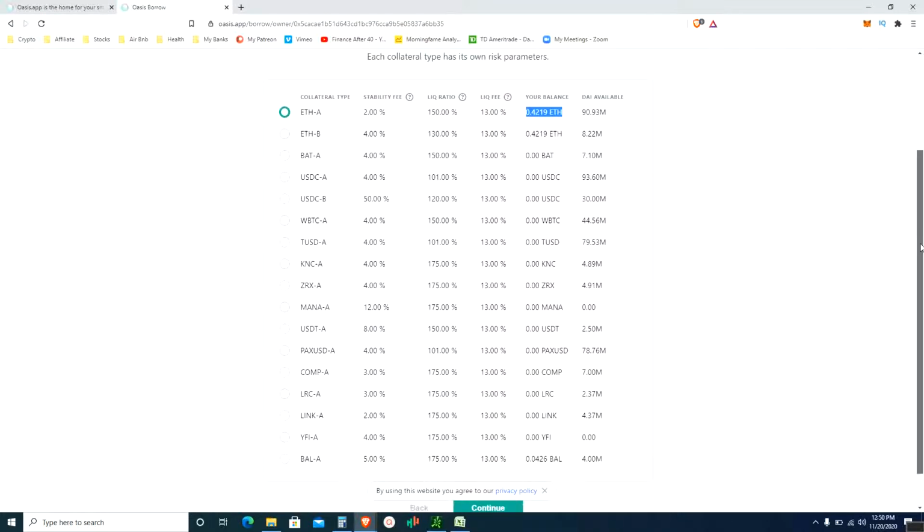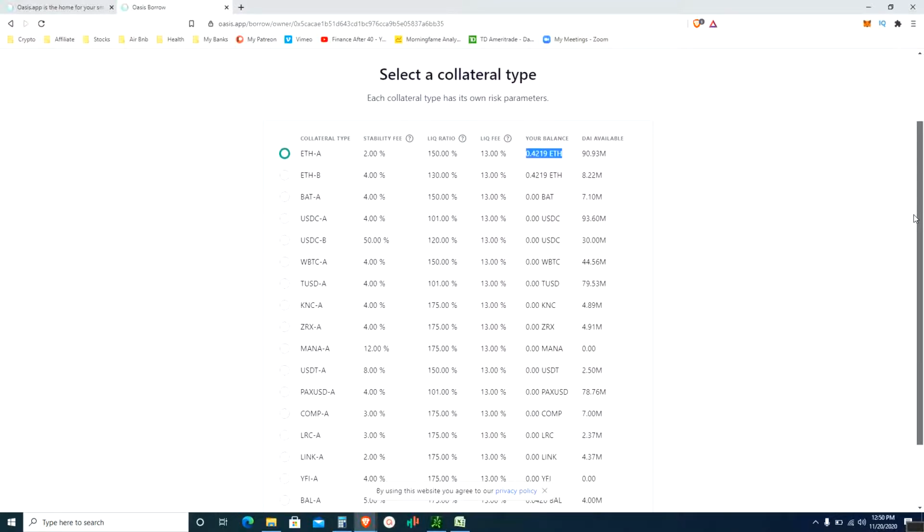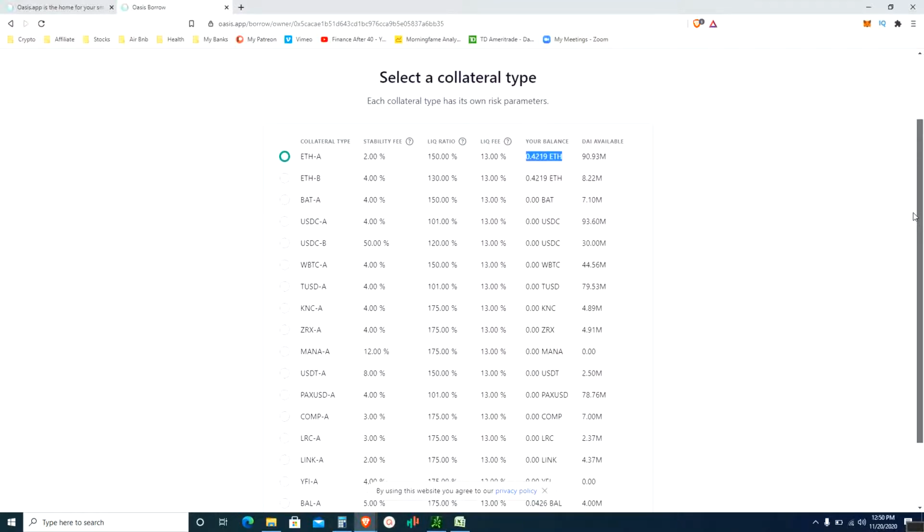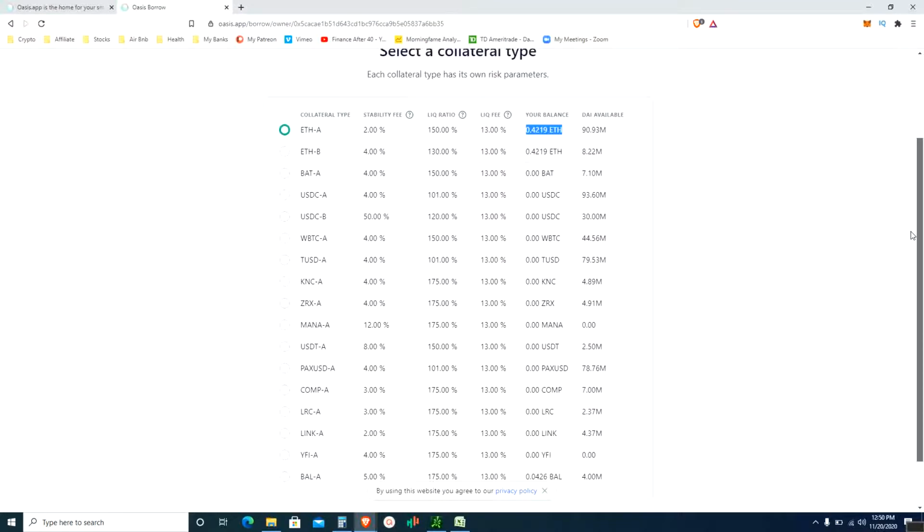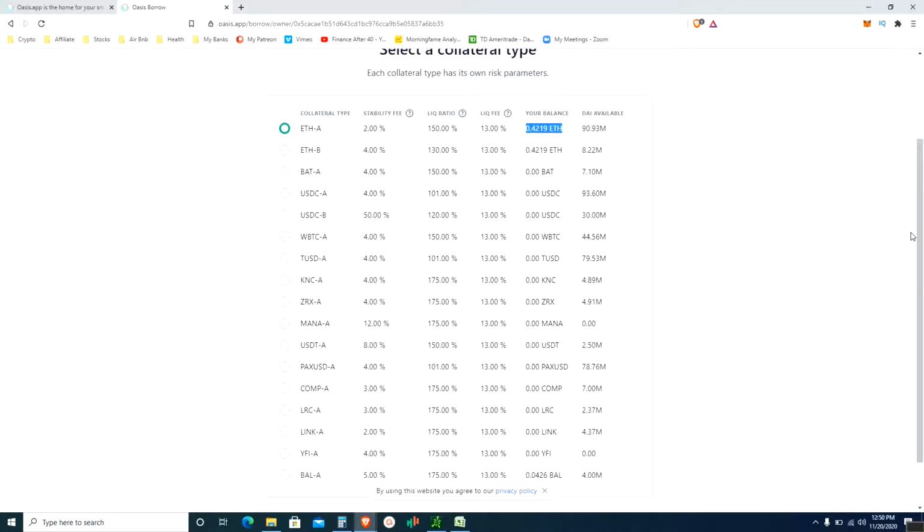You can open as many vaults as you want with as many coins as you have. It's pretty awesome stuff. You can even, I don't know, get 8.6% USDC from BlockFi, basically passive income interest, and take that interest and give yourself a loan. There's so much stuff that you can do in the DeFi space.